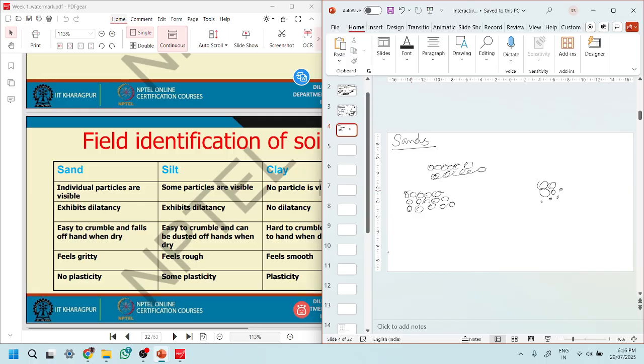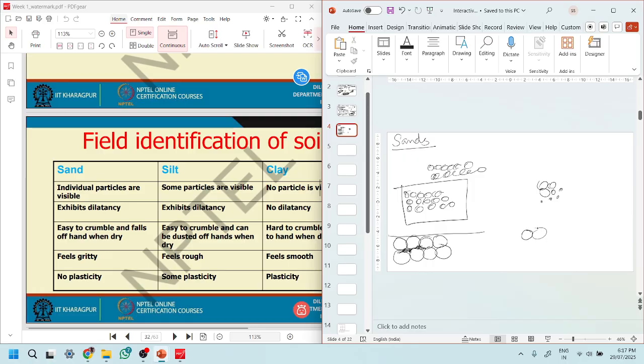So what do you think the packing of this soil will look like? The packing will be very loose because all particles are almost the same size. So we will have a greater number of voids here.